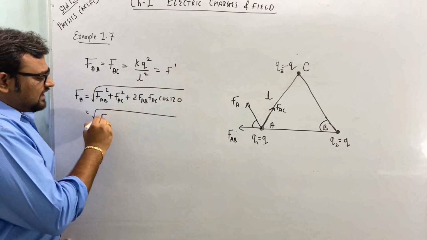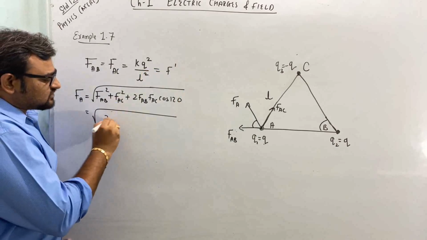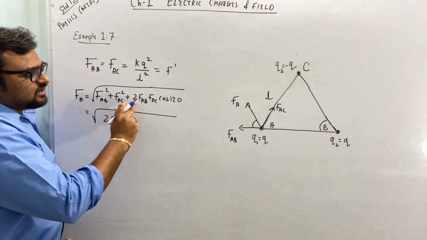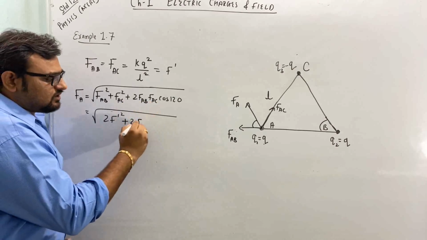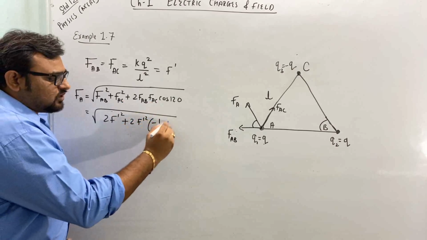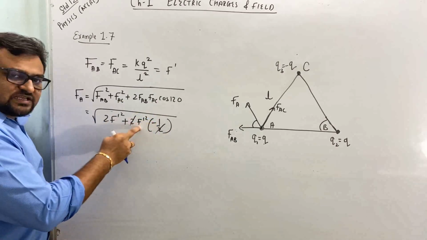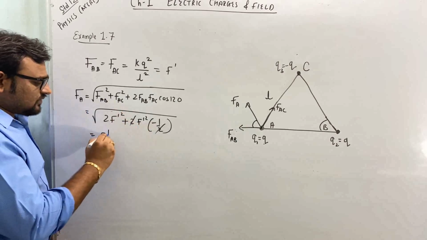So this will be F dash square plus F dash square, 2F dash square, plus F dash into F dash, and minus 1 by 2. So this will get cancelled. So 2F dash square minus F dash square, it will be F dash square and square root, F dash.